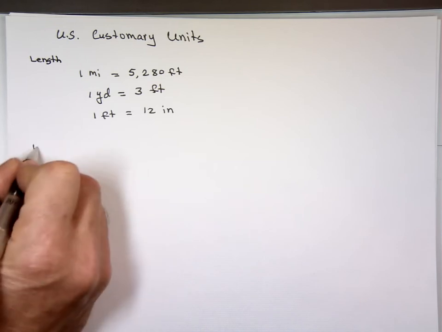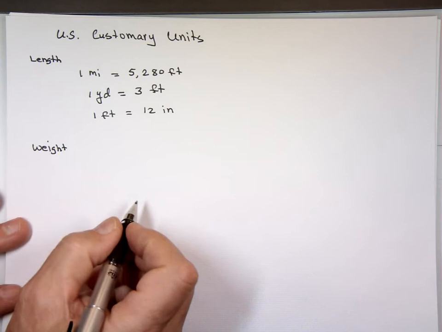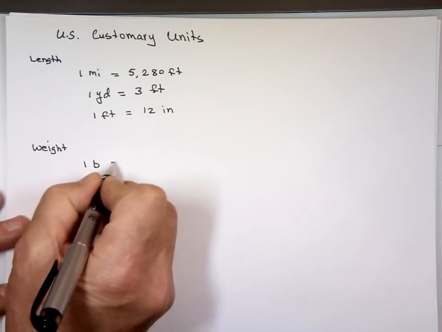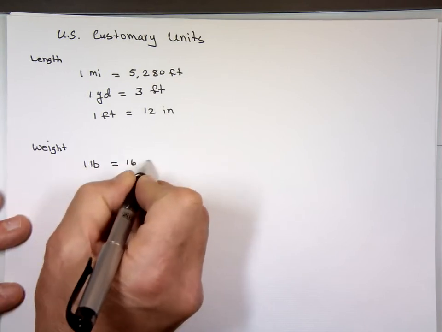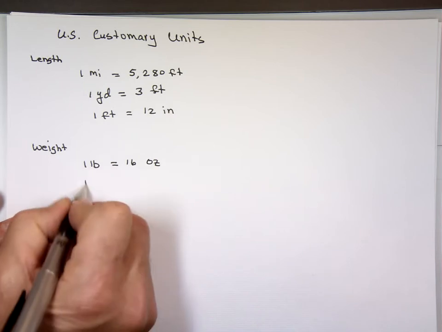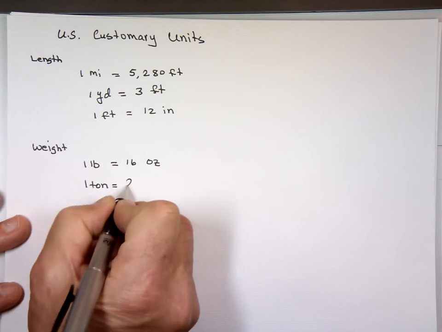For weight, 1 pound is how many ounces? 16 ounces, yes. 1 ton is 2,000 pounds.